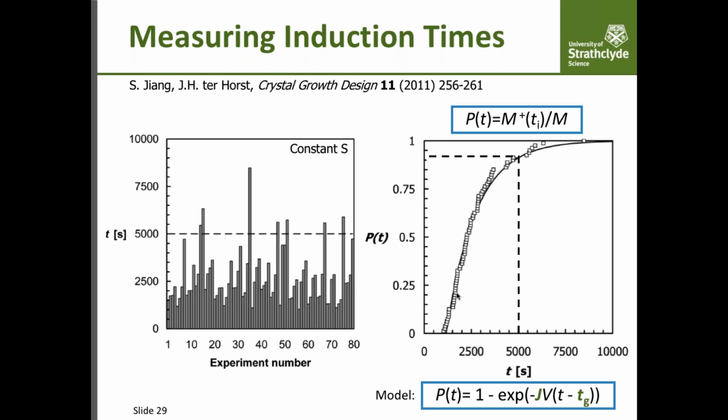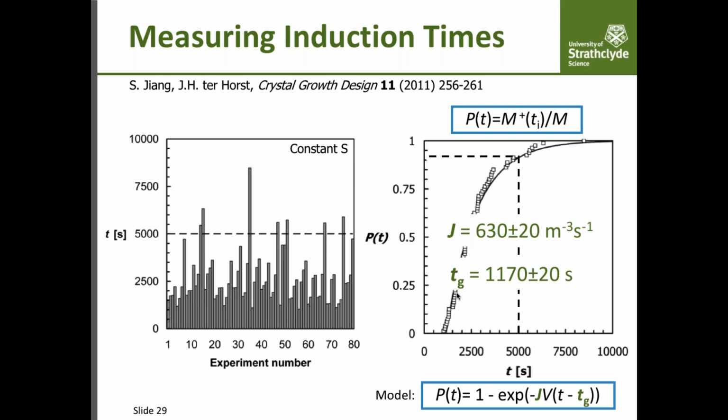So we need growth and secondary nucleation to take place to detect the crystals, and that is incorporated in this Tg value. So we can fit this equation to the data in the right graph, and then we get a nucleation rate of 630 per cubic meter per second and a growth time of almost 1200 seconds.